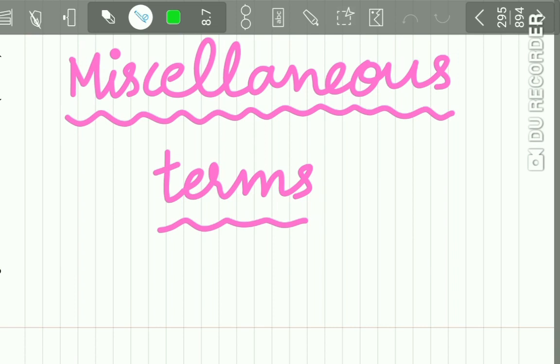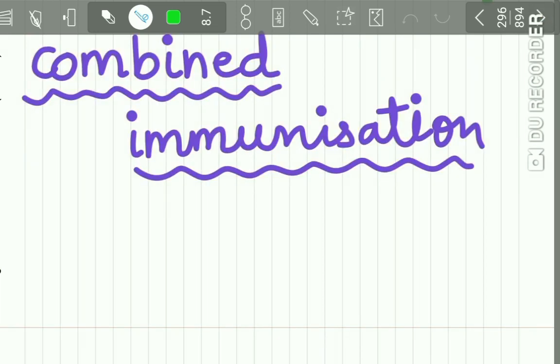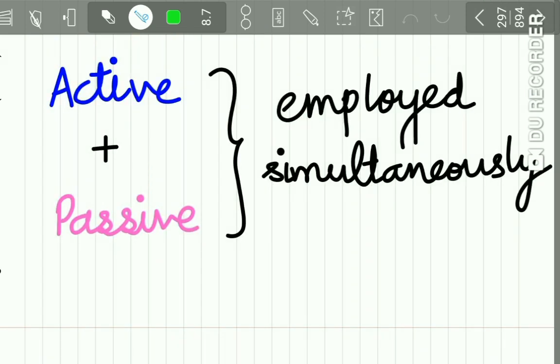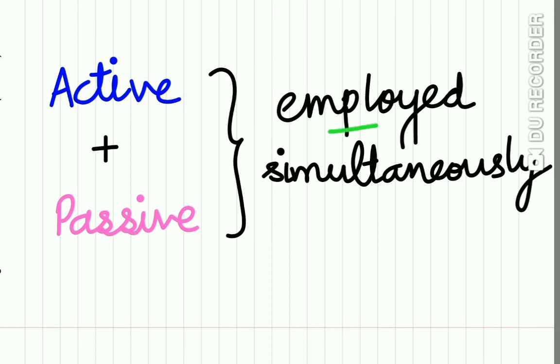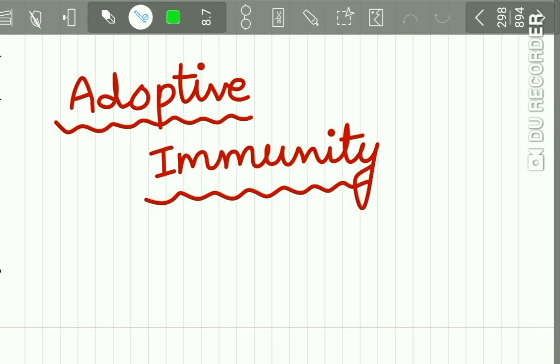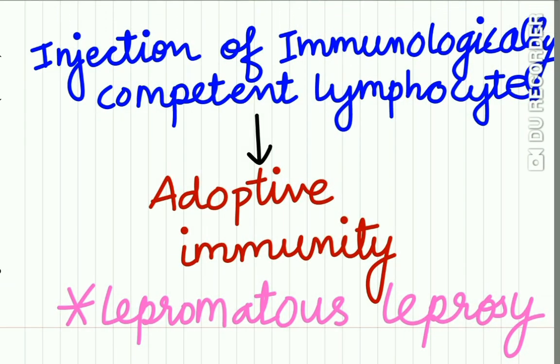Now let us study certain miscellaneous terms. What is combined immunization? Combined immunization is a combination of both active and passive immunization which is employed simultaneously. The passive immunity provides the protection necessary till the active immunity becomes effective. Now, what is adaptive immunity?